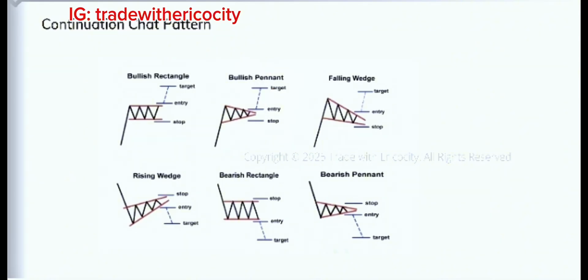The third one here is the falling wedge, which indicates that price also did an impulsive move to the upside, then starts correcting itself by printing lower highs and lower low in a converging trend line. A breakout of the trend line and a retest will be a signal to continue bullish.